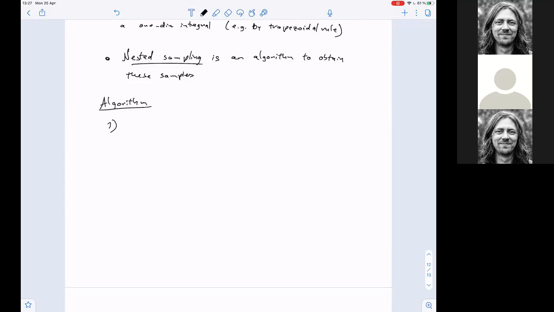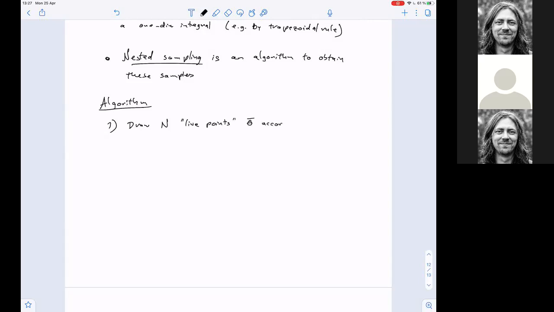In nested sampling, these points are referred to as live points. You decide on some number n, which is one of the parameters of this algorithm that you need to decide on. So you draw n live points.